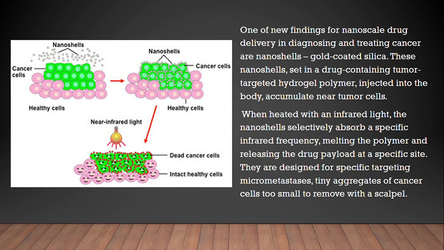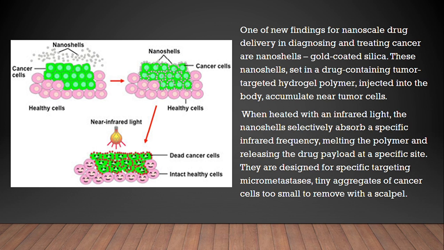One of the new findings for nanoscale drug delivery, diagnosing, and treating cancer are nanoshells, gold-coated silica. These nanoshells sit in a drug-containing, tumor-targeted hydrogel polymer injected into the body and accumulate near tumor cells.